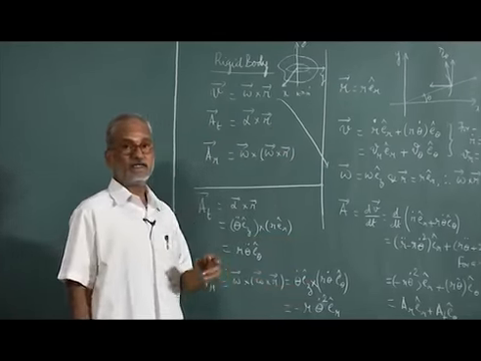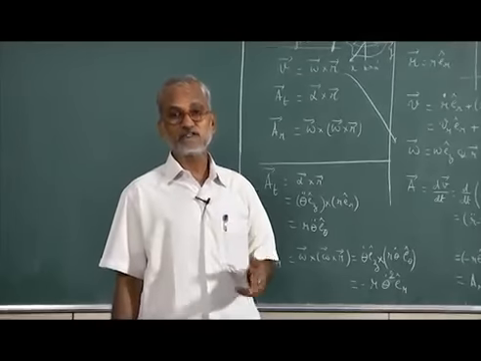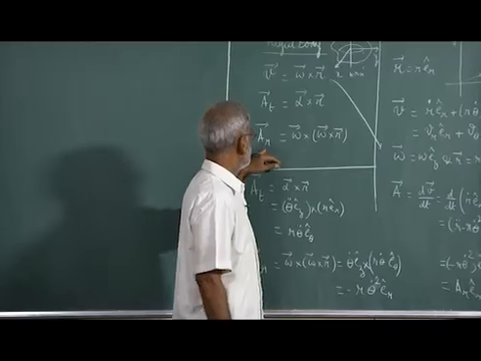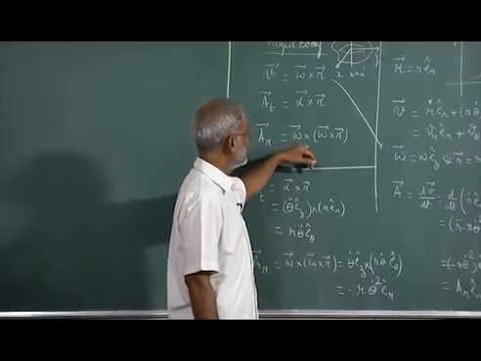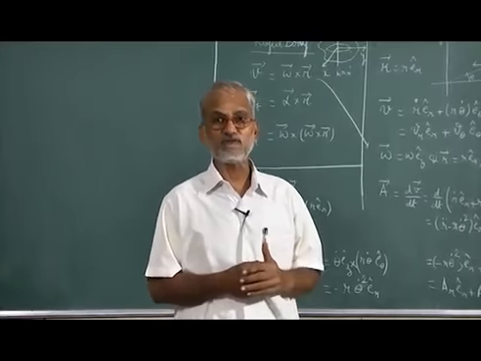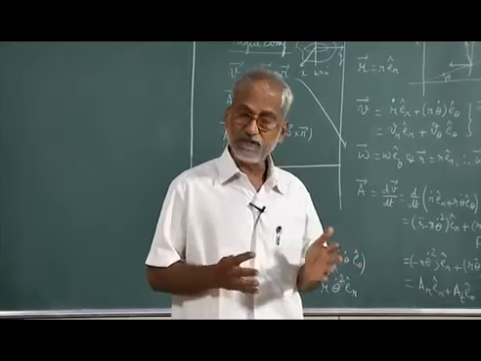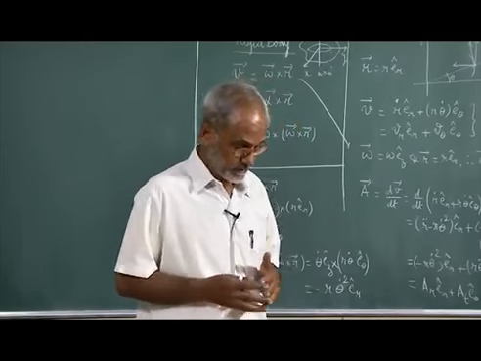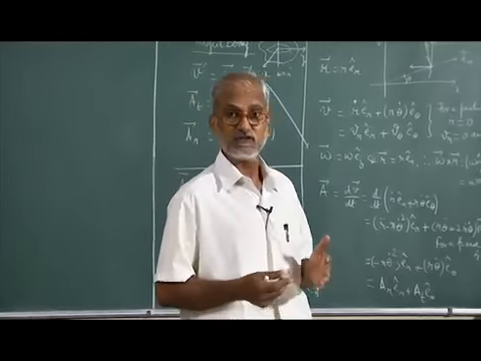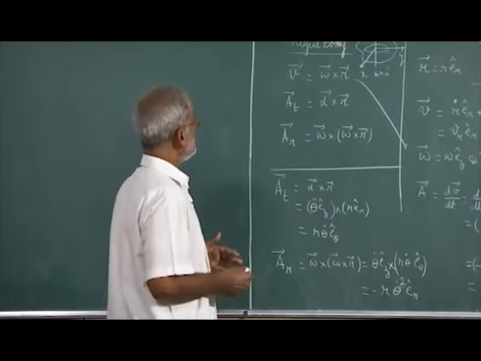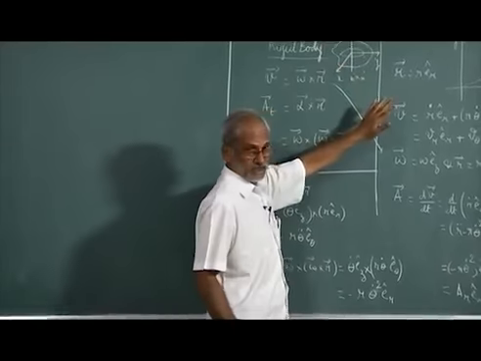What is alpha vector? It is the angular acceleration vector, d omega by dt, and then radial acceleration is omega cross r. We did not give you very rigorous derivations of these, but we wrote them by some kind of analogy. And now these are the equations for rigid dynamics.